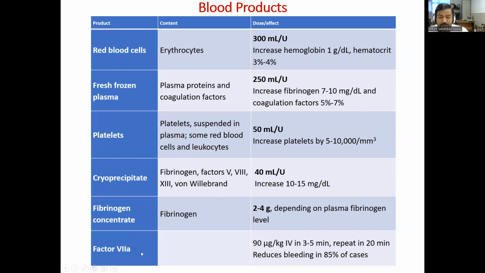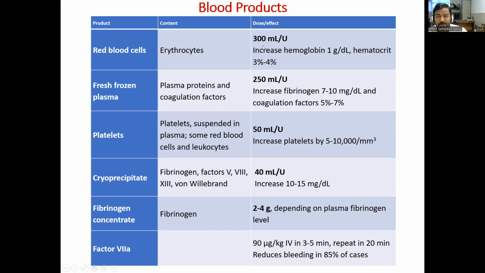Factor 7 has a theoretical role, but definitely when you have achieved balanced hemostatic resuscitation, you have stopped the bleed, and the surgeon has controlled the bleed, then whatever I give will stay in the body. Here comes the role of your red bag, that is PRBC. The trigger was already discussed in the previous lecture, but definitely if it is less than 7, then we transfuse it.